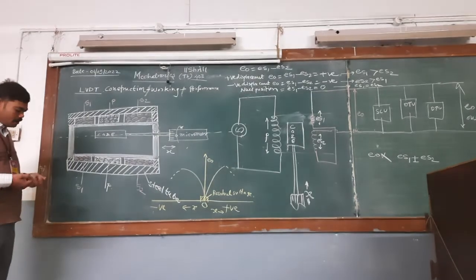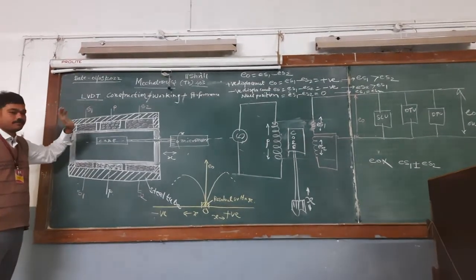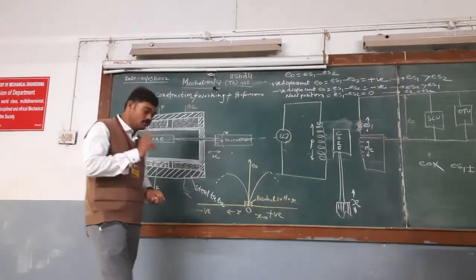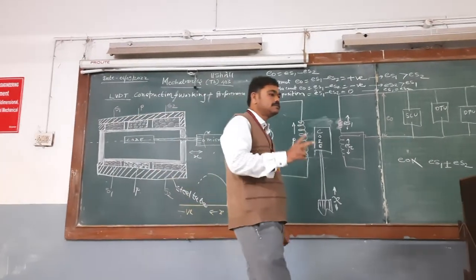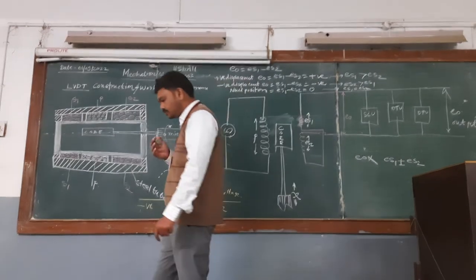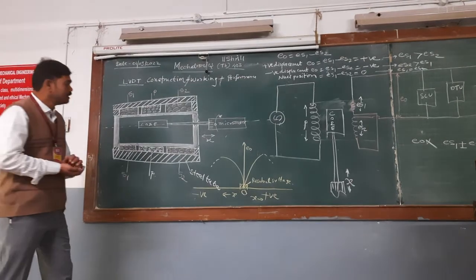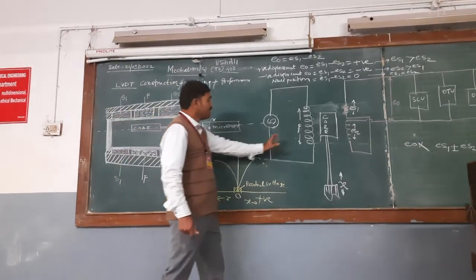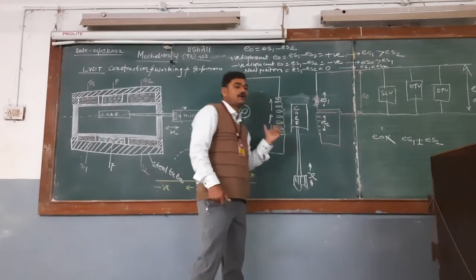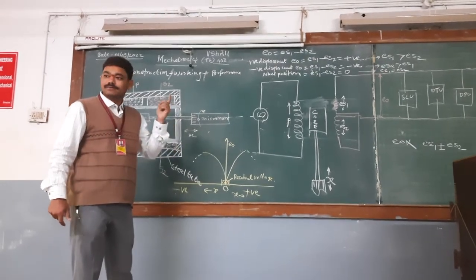LVDT stands for linear variable differential transformer or transducer. I am saying two words here. It is a transformer in the sense that it uses primary and two secondary coils in its construction, and its working is based on Fleming's left hand rule as well as the right hand rule.